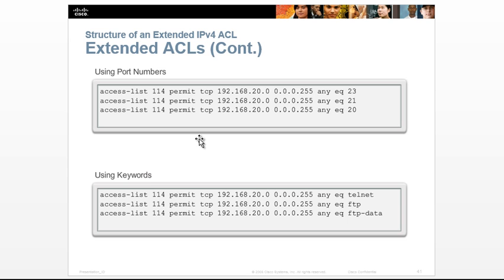So we're allowing that whole subnet with port 23, which I need to go back and look at because it's been a while, but I think 23 is FTP. 21 below it, I believe, is Telnet. It looks like I may have those backwards. Assuming they put these in the same order, 21 and 20 are FTP and 23 is Telnet.